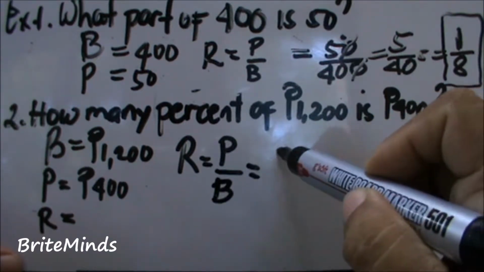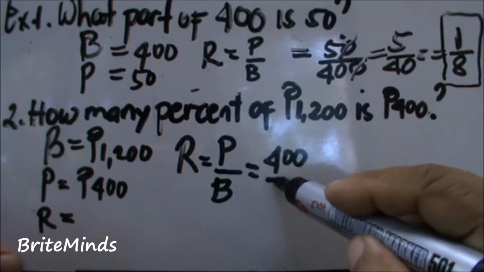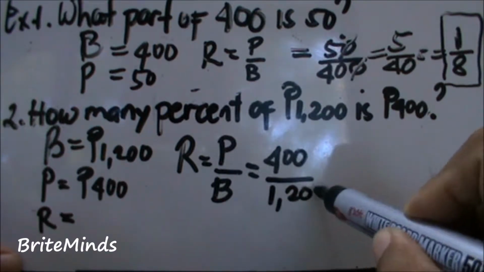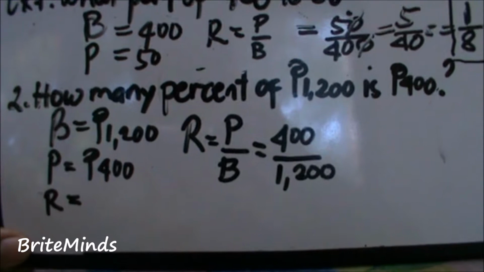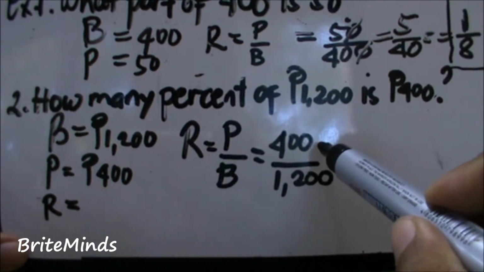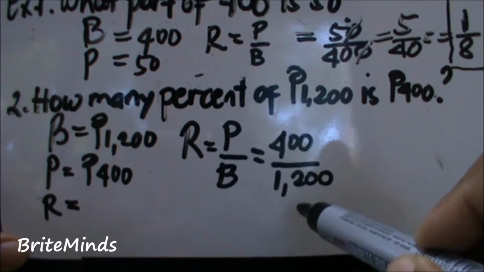So our percentage is 400, and then the base is 1,200. Okay, so the 400 is the part, and then the 1,200 is the whole.